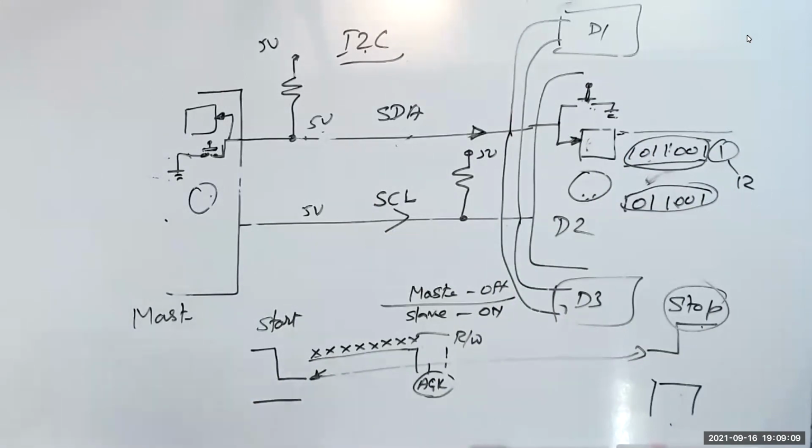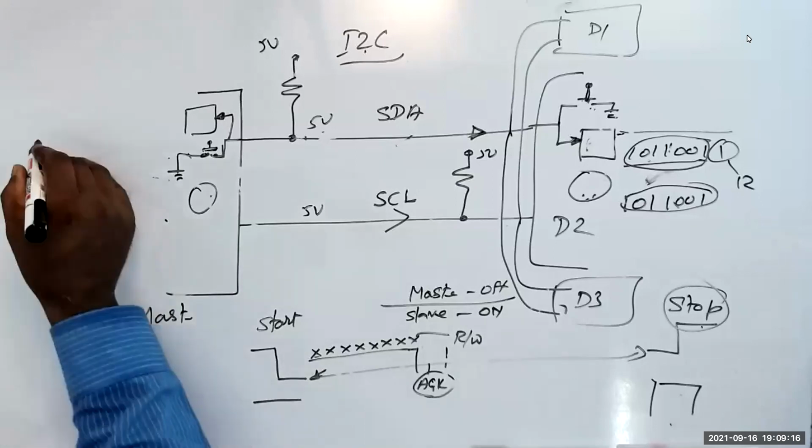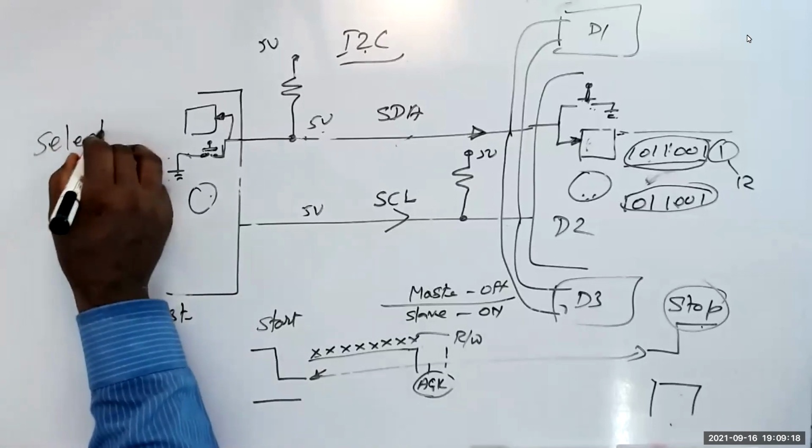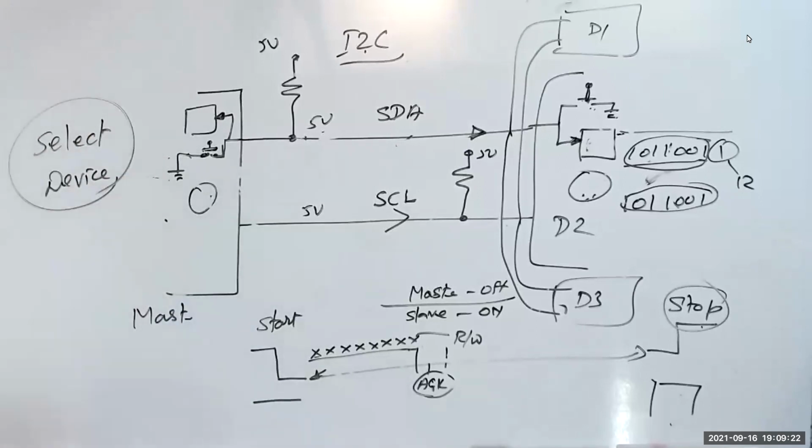Is this clear or not? That means I can select a device. You can use multiple methods.